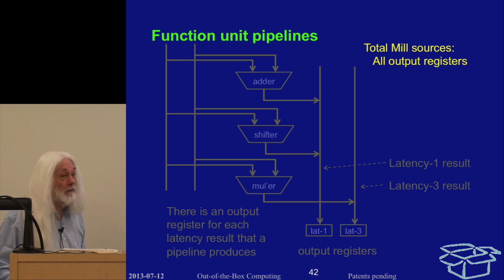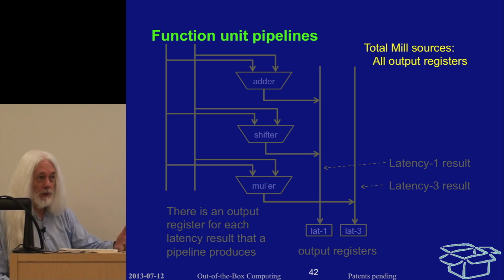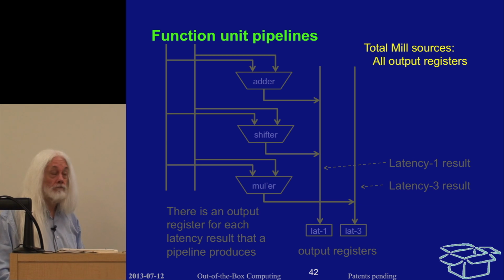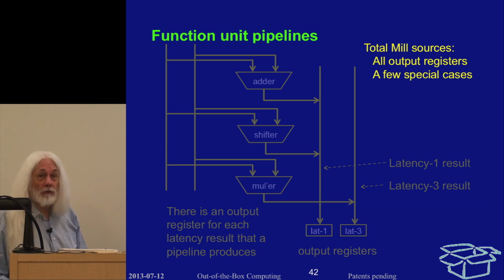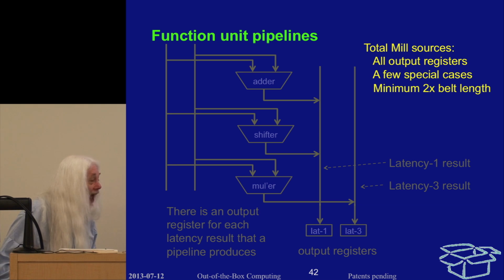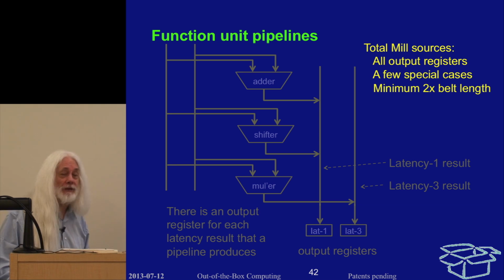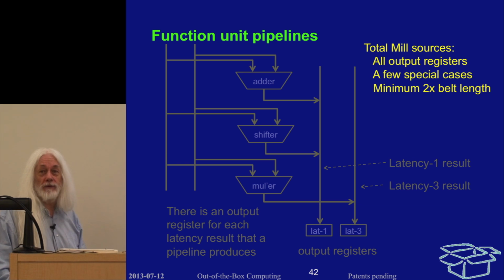So consequently, because every one of those output registers could be an input for some other consumer, all those output registers are sources. There are a few special cases that add additional sources. And for various reasons having to do with encoding, we have to have at least twice the belt length total.